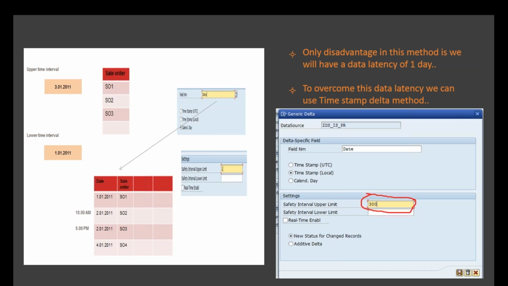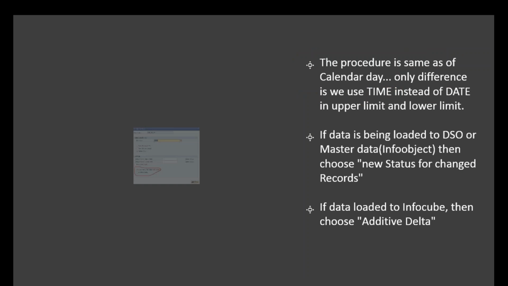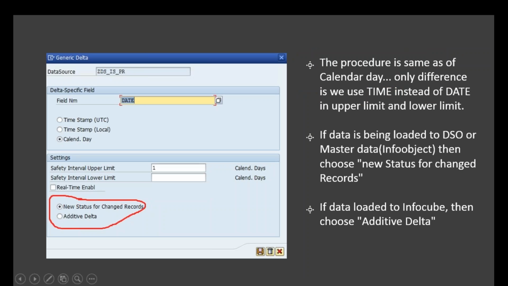Okay. So apart from that, we have another concept, like here you can see new status for change records. So whenever you are enabling delta, again, whether it needs to be loaded to DSO or InfoCube, how can we decide that? It is like new status for change records.